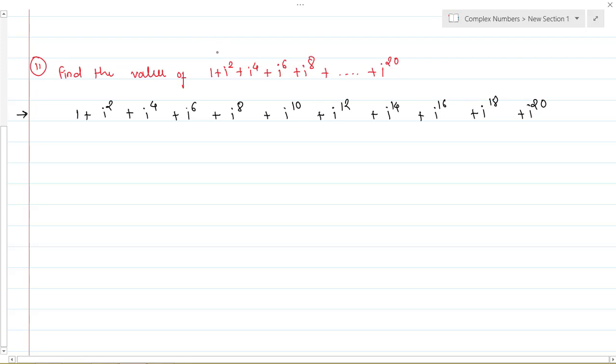You can see the pattern here: 2, 4, 6, 8, then 10 and so on, up to 20.